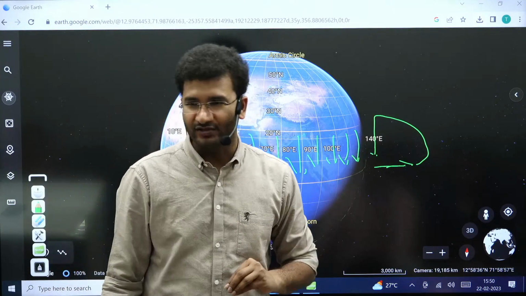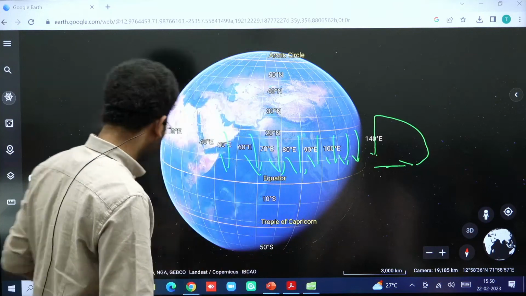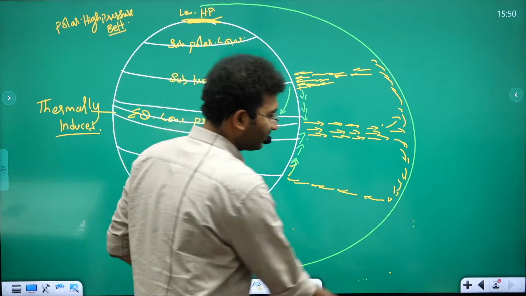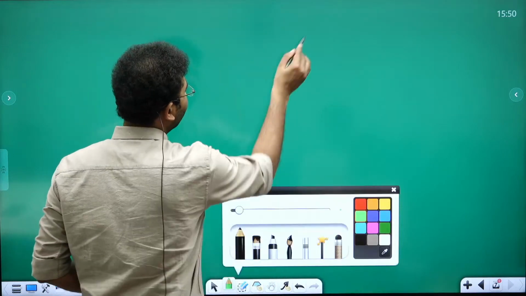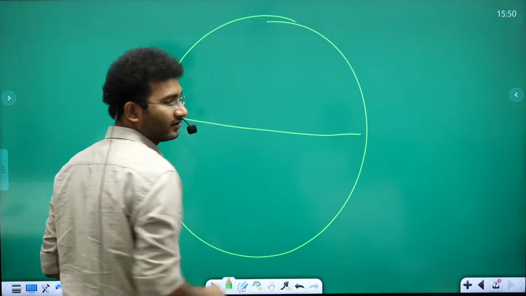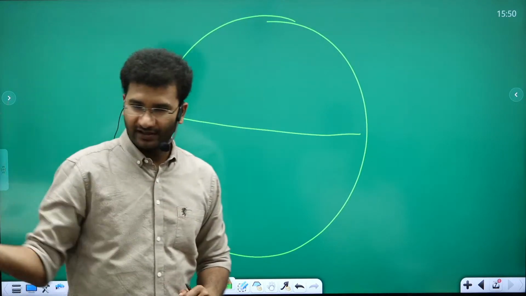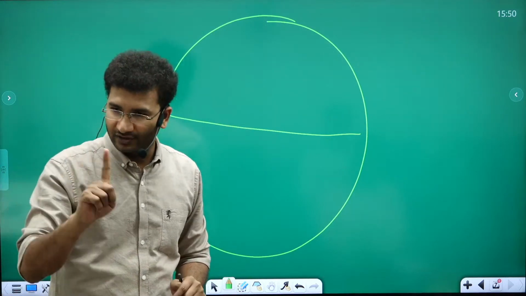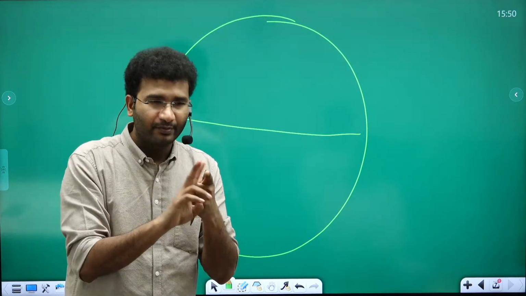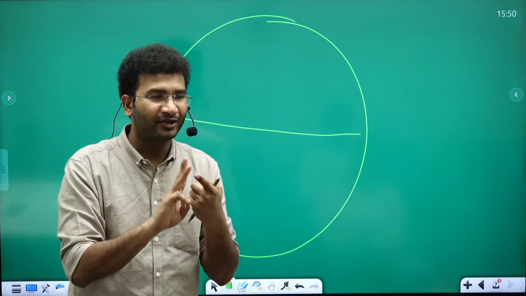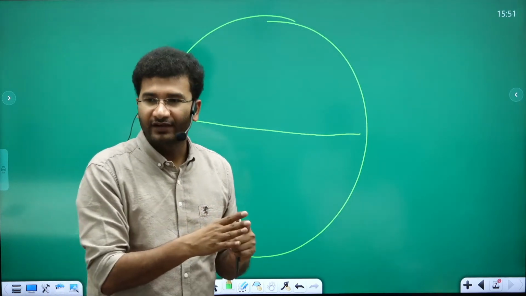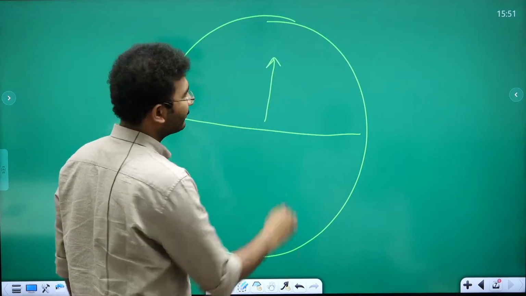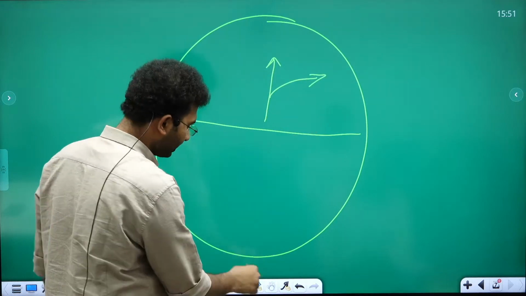Now here you have a force called the Coriolis force. Its role is like this. Anything that travels in the northern hemisphere, the reasons for which I'll explain in the further classes, but understand that anything that floats or moves in the air, be it your aeroplane, your wind, or your ocean water, will be deflected towards the right. If something is going in this direction, the resultant direction will be like this.